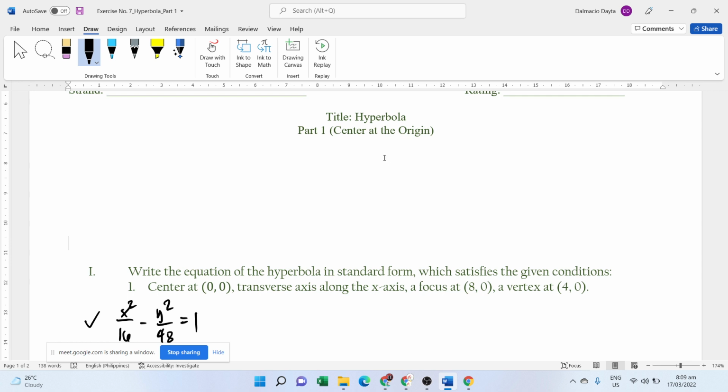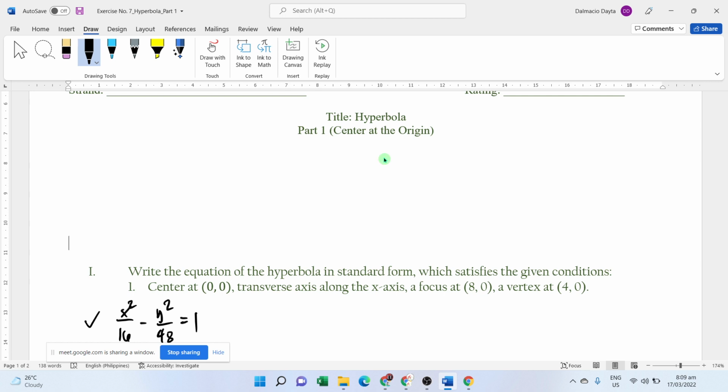The transverse axis contains the vertices, the center, and the foci. The conjugate axis contains the center and the co-vertices.